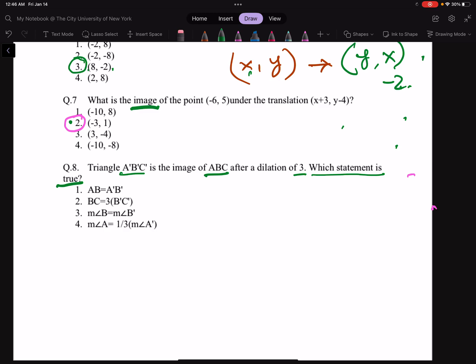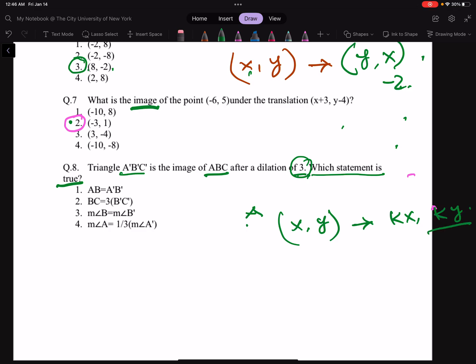What do you know? If it is a side or any point, after a dilation of 3, that means we multiply by 3. If it is x and y, that becomes kx and ky.